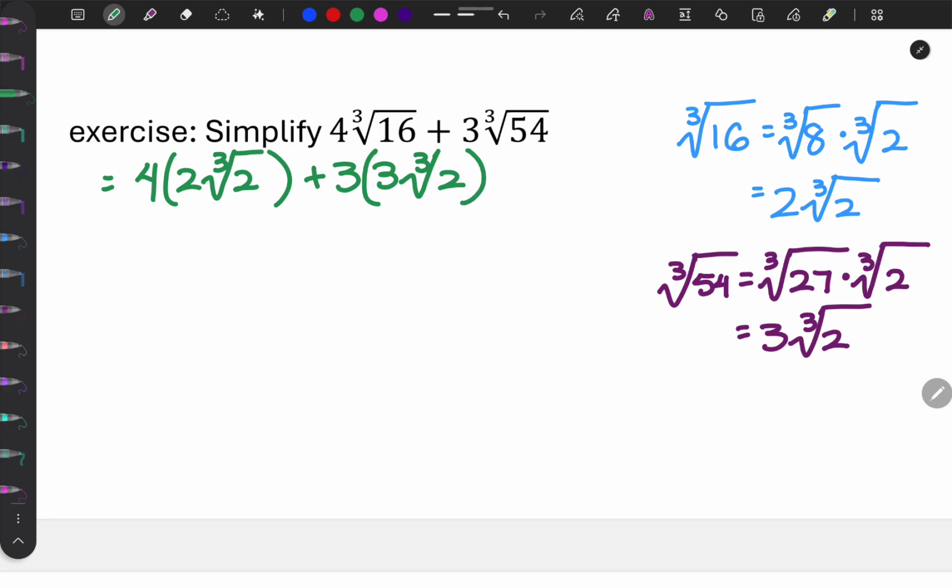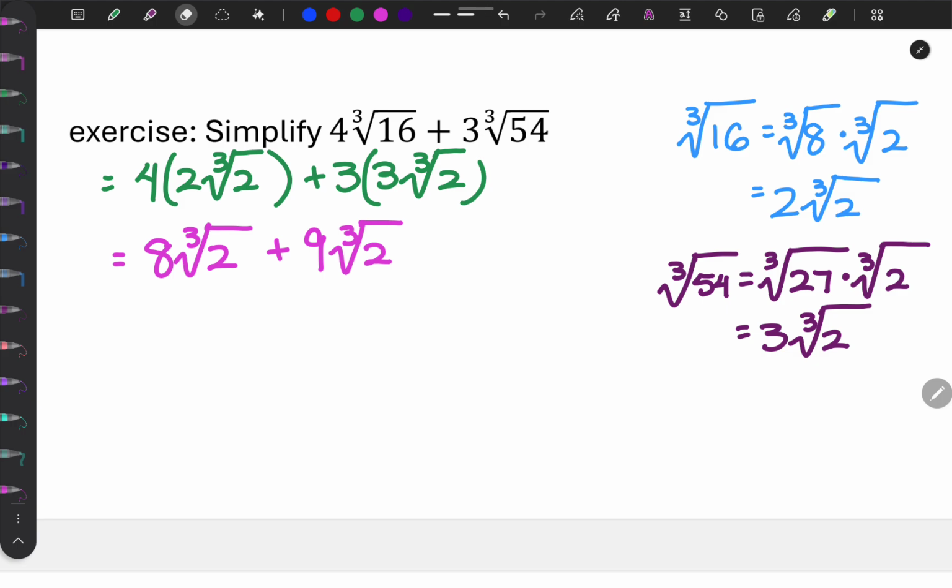I'm trying to be a little bit careful with the brackets here just because I do have a coefficient and I'm going to need to multiply it with another coefficient. So multiplying our coefficients, 4 times 2 is 8 times the cube root of 2, plus 3 times 3, which is 9 times the cube root of 2. I'm just going to come back and fix that root so it extends over the 2 like it should.